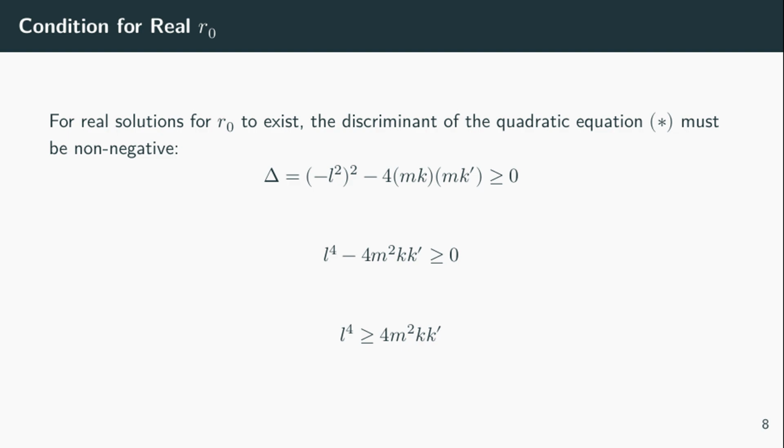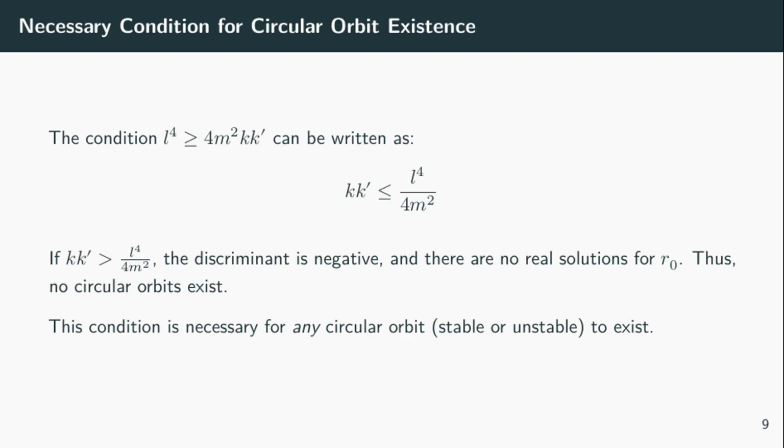This simplifies to L to the power of 4 minus 4m squared k k prime greater than or equal to 0, which means L to the power of 4 must be greater than or equal to 4m squared k k prime. We can rearrange this to get a necessary condition for any circular orbit, stable or unstable, to exist. The condition L to the power of 4 greater than or equal to 4m squared k k prime can be written as k k prime less than or equal to L to the power of 4 over 4m squared.